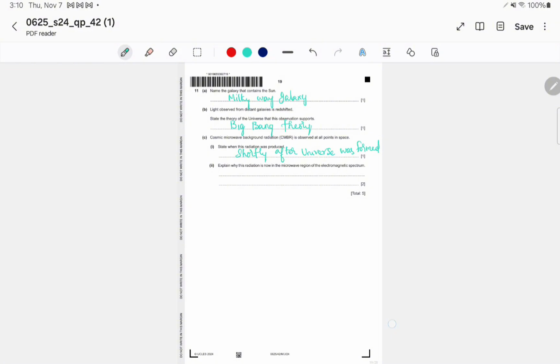So, how can I write? The universe has expanded after the Big Bang. The universe has expanded and cooled down since the Big Bang.